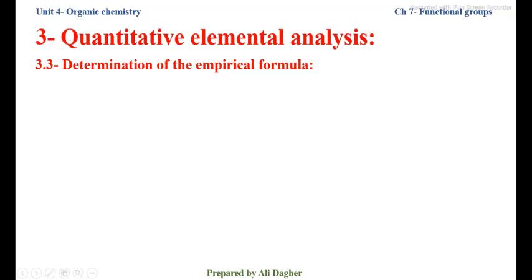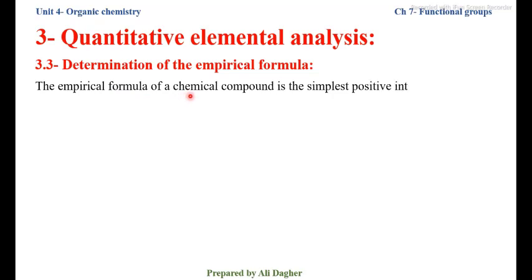Now, determination of the empirical formula. But first, what is the empirical formula? The empirical formula of a chemical compound is the simplest positive integer ratio of atoms present in a compound.